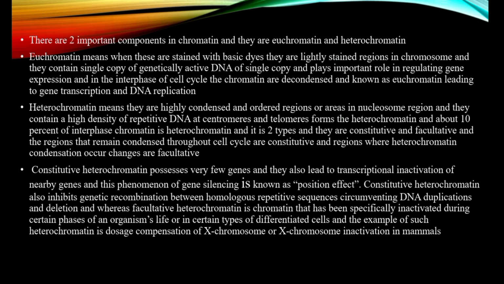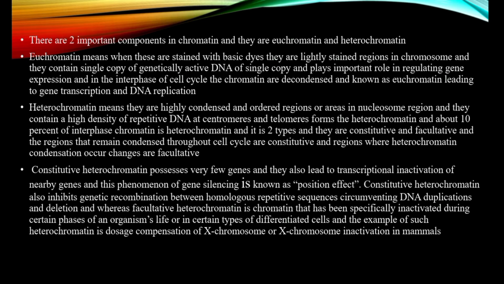Now, there are two important components of chromatin, which are also known as different parts: euchromatin and heterochromatin. Euchromatin means, for example, if we stain them with basic dyes, there will be lightly stained regions in the chromosome.